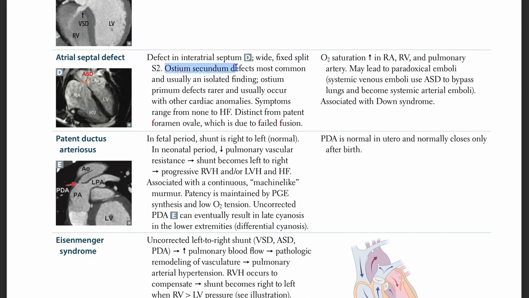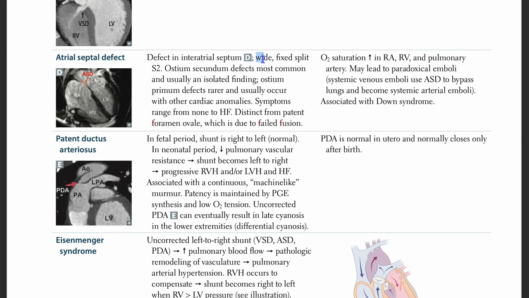Okay, ostium secundum defects, most common and usually an isolated finding. Sorry, I was just trying to remember what this one was. W was for white. It was pulmonary something, right?